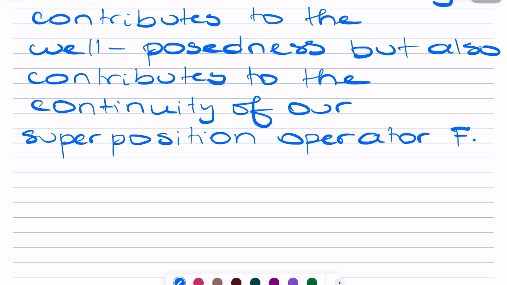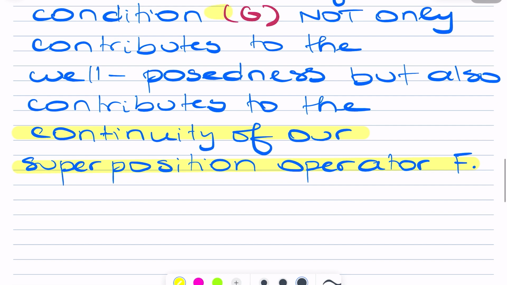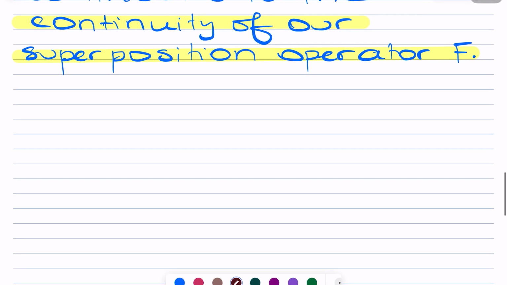So let me just highlight the key point: continuity of our superposition operator F, given this growth condition. This result entails the following theorem that we are going to prove. This will be theorem 2.10.